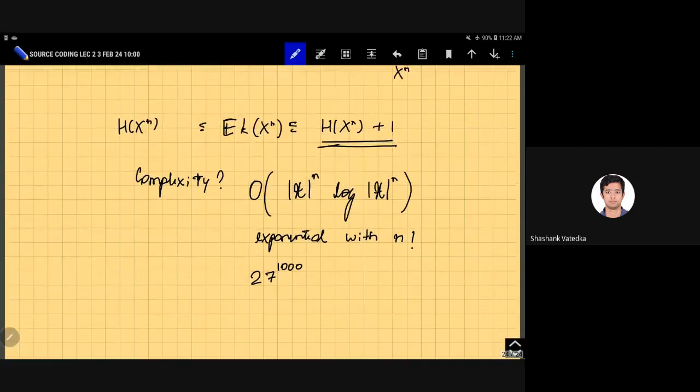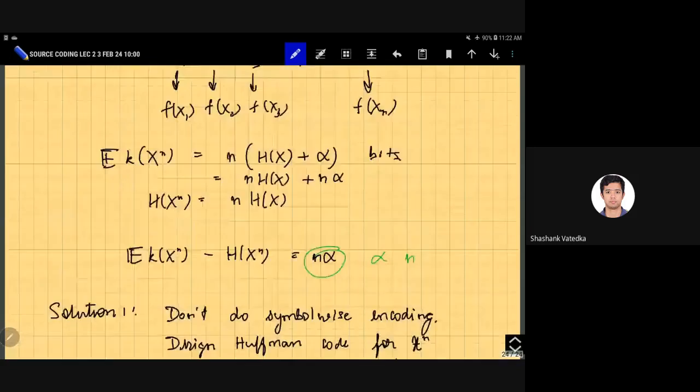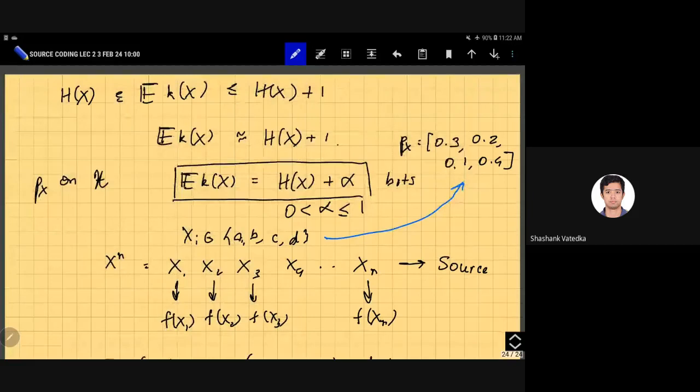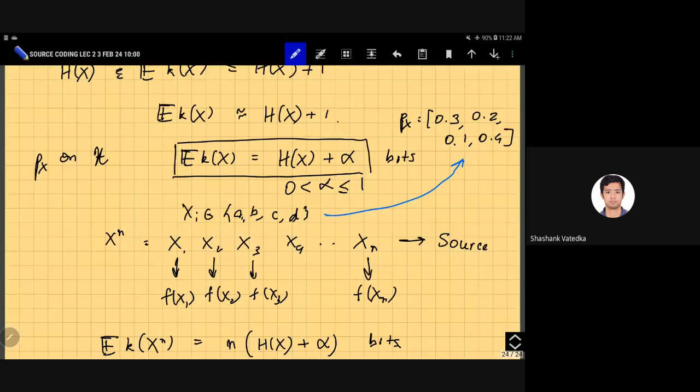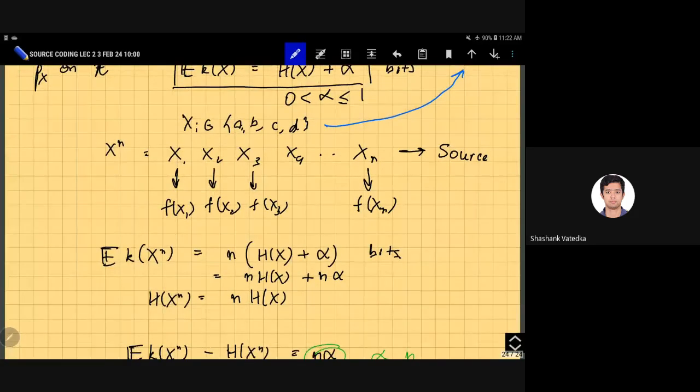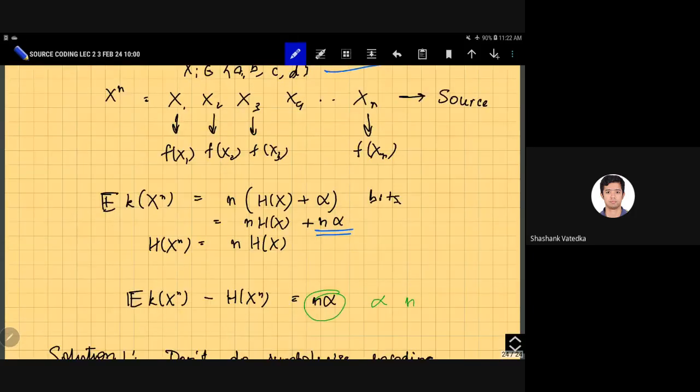So just to quickly recap what we've done just now, we've seen that Huffman codes are optimal, they achieve the minimum expected length, and if we do symbol-wise encoding, then the expected length that is achieved by the Huffman code is n times h of x plus some constant times n. So the gap to entropy, the difference between the expected length and the entropy of xn, grows linearly with n.